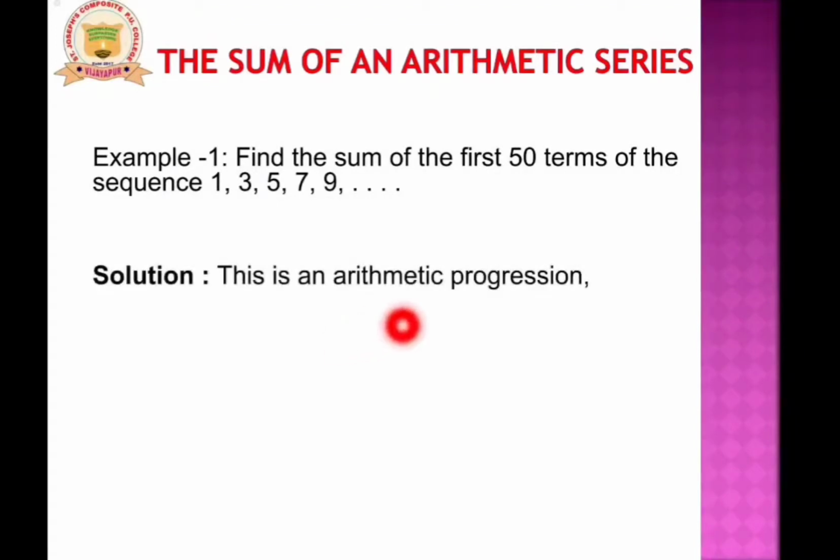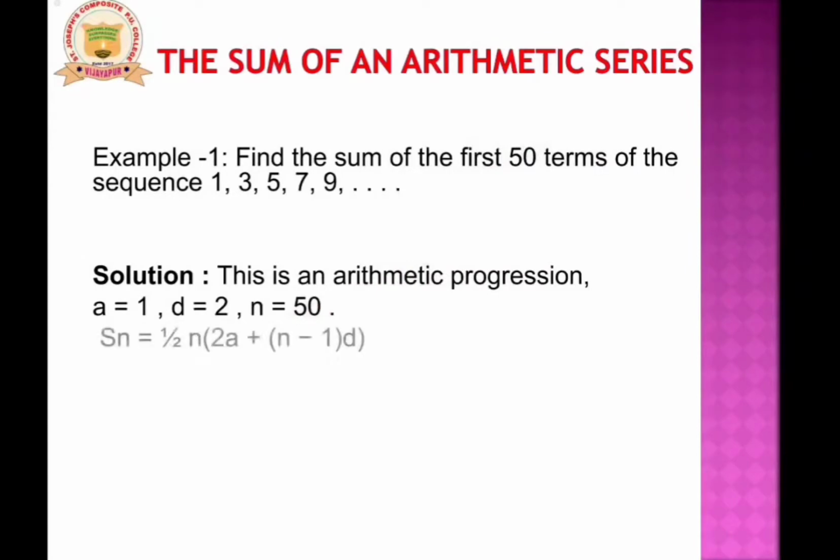This is an arithmetic progression because here the common difference is the same. 3 minus 1 is 2, 5 minus 3 is 2, 7 minus 5 is 2, 9 minus 7 is 2. And the first term is a is 1, d is 2, and because we want the sum of the first 50 terms, the number of terms is 50. So n is equal to 50.